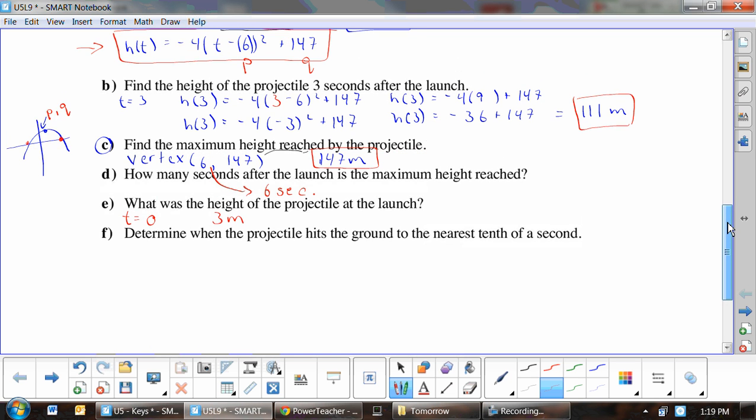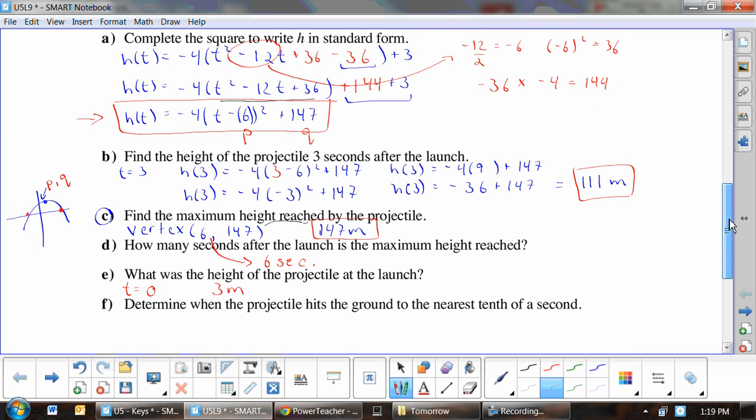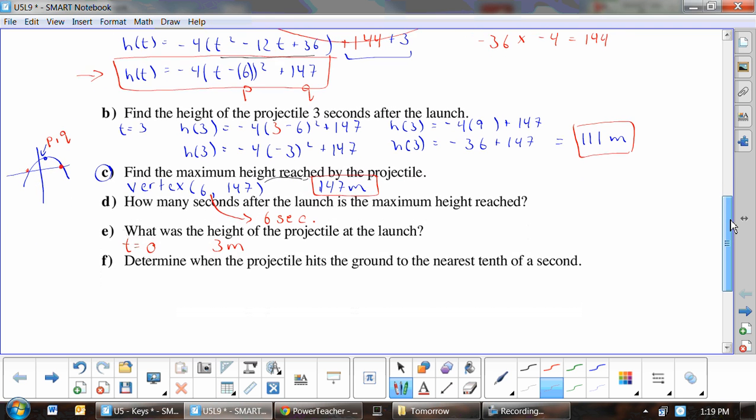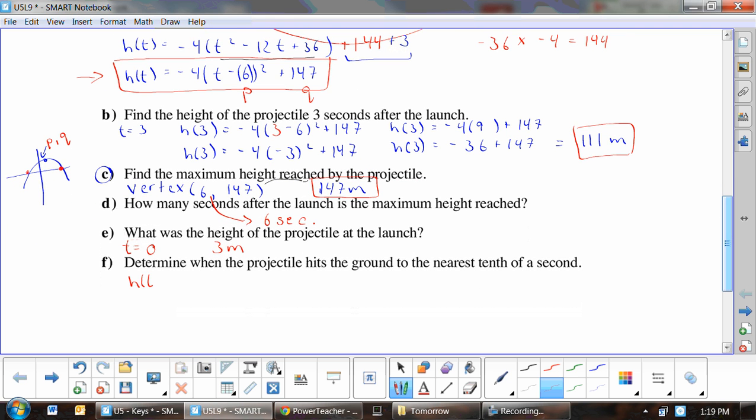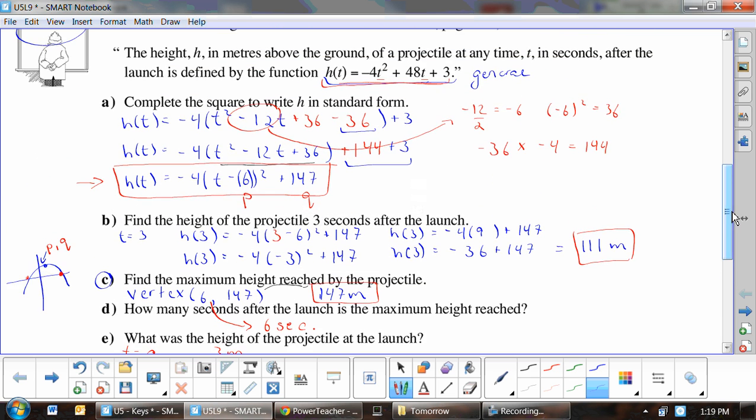So for this one, there's two ways you can tackle this problem. You can make this equal to 0 and go 0 is equal to -4(t - 6) squared plus 147. Or you can use this one.